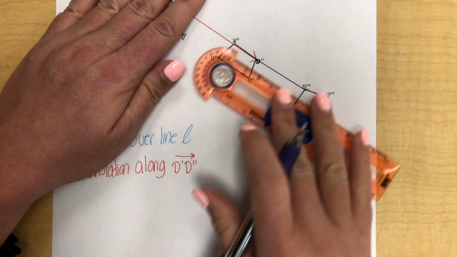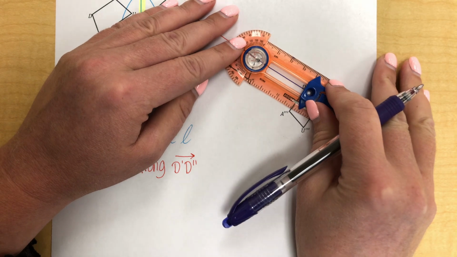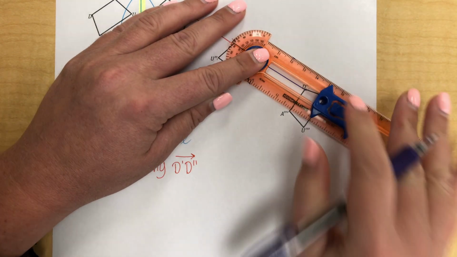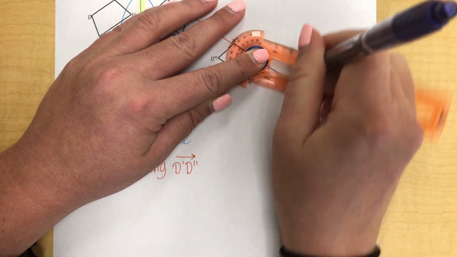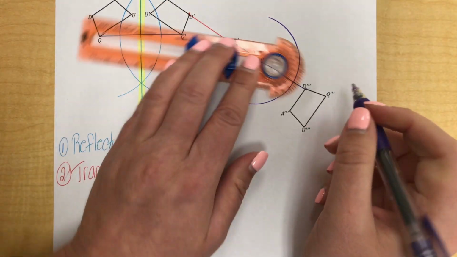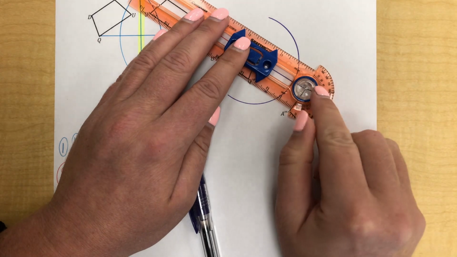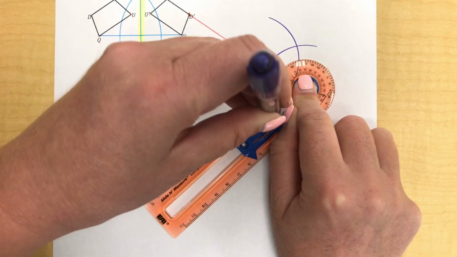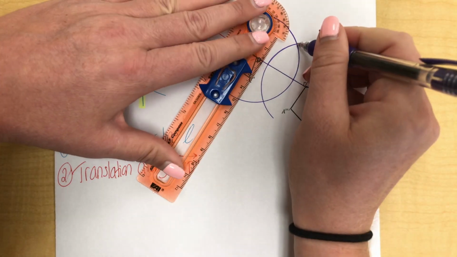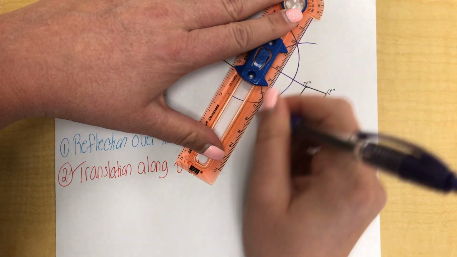And I'm going to create a football. Here I go. Again, I'm going to go about 3/4 of the way. I'm going to use my inside hole, swing up and down, turn around. Okay, put my pointer on D triple prime, swing again up and down, and literally draw in my perpendicular bisector.